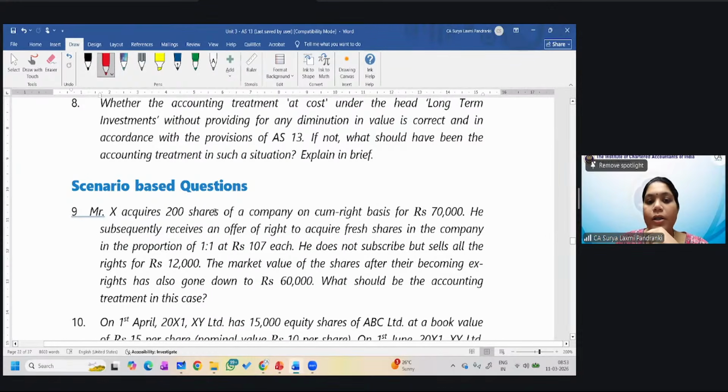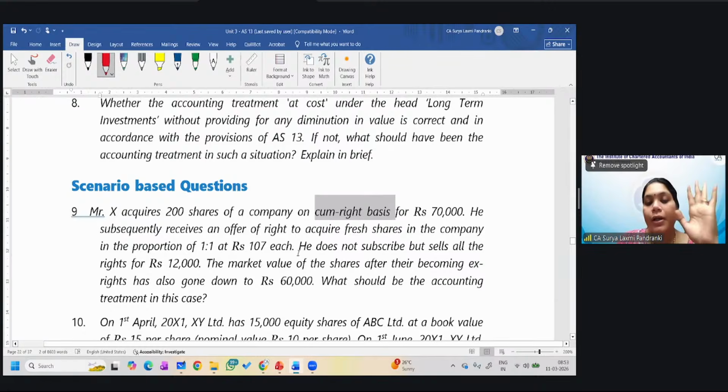Mr. X acquires 200 shares of a company on cum right basis for 70,000. He subsequently receives an offer of right to acquire fresh shares in the company in the proportion of 1:1 at 107. So what happened here?